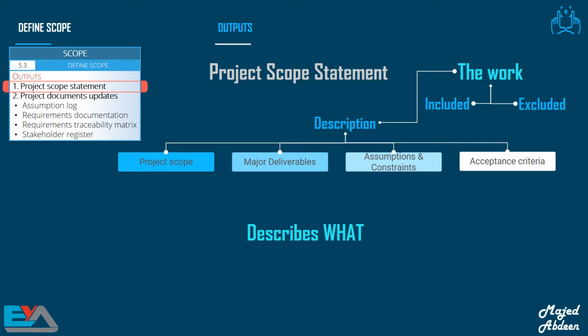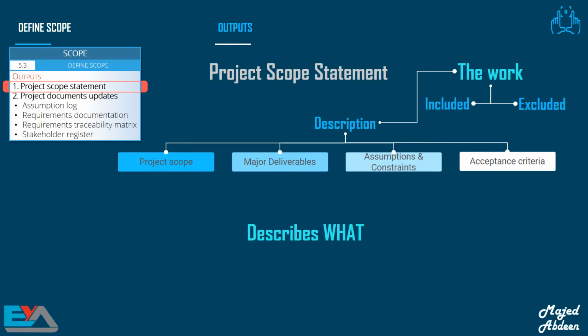The project scope statement describes the project scope, which includes the project and the product scope, and the major deliverables that are required to be produced to complete a process, phase, or project. Deliverables may be tangible or intangible components completed to meet the project objectives. The third item is the assumptions and constraints, and lastly we have acceptance criteria.